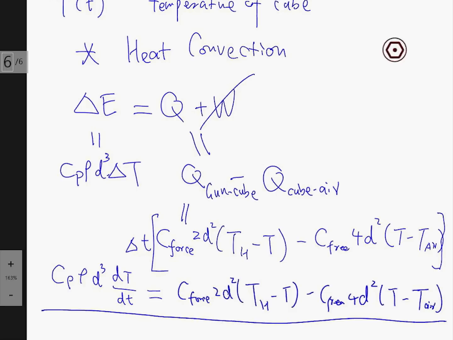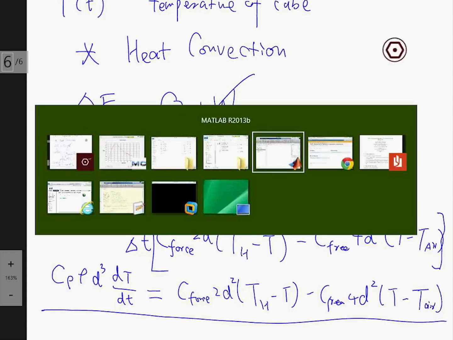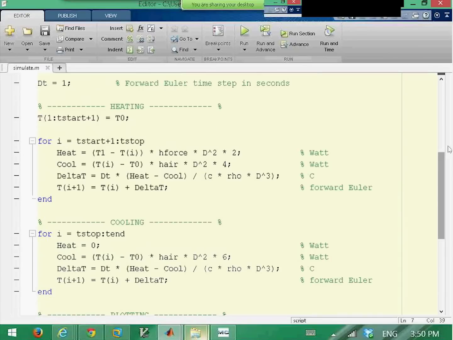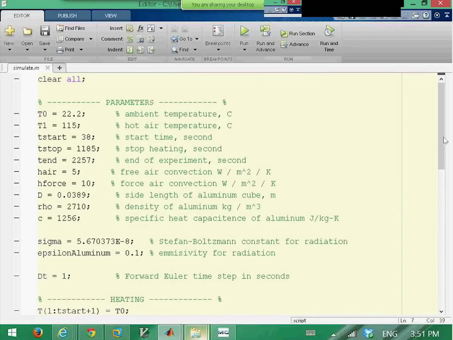Now, what changes when we turn off the heat gun? C force is gone and the C free becomes 6 sides. Right, so that's the difference. And let's go to MATLAB. I wrote a code for simulating this. So here are the parameters.